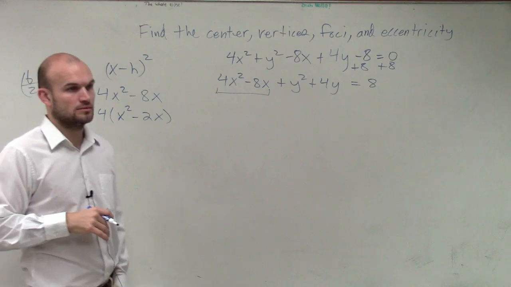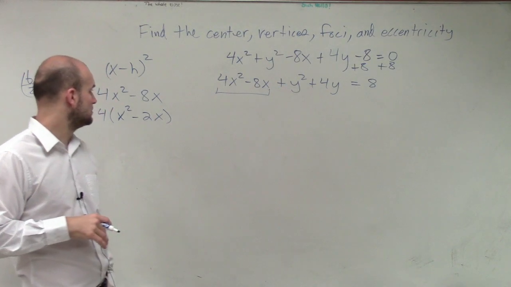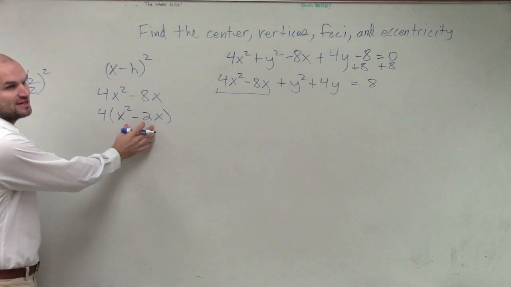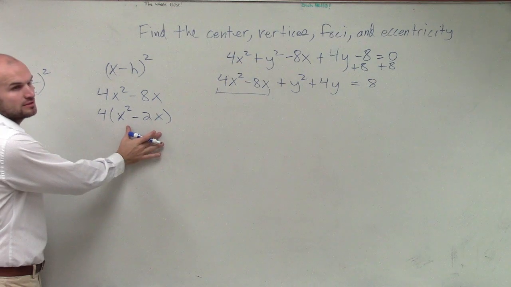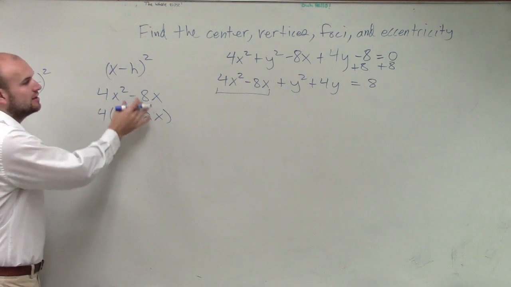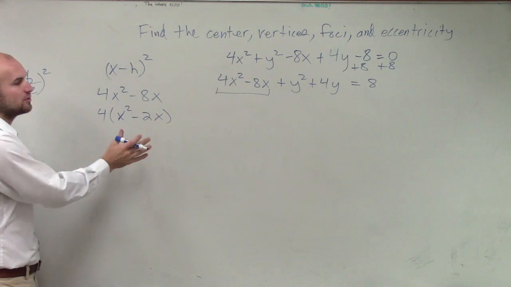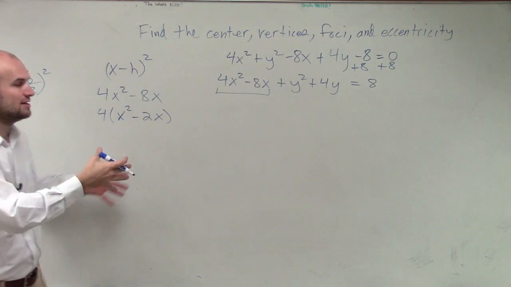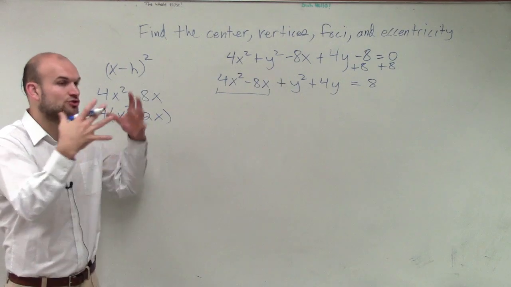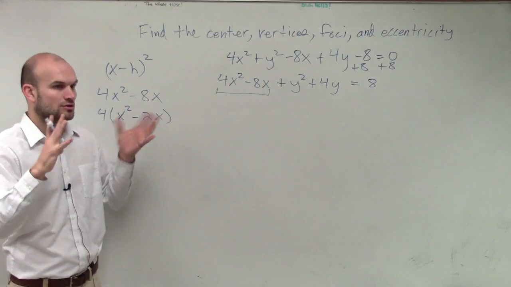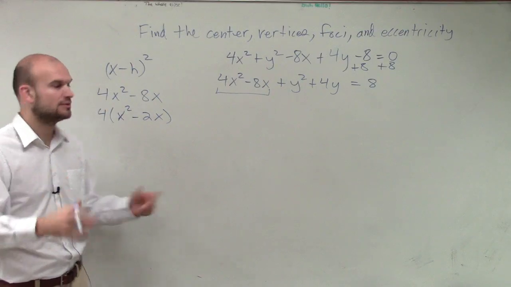Why can't you pull out an x? You can, but remember, we want to keep this as a quadratic. You could factor out an x, right? But our whole purpose of completing the square is not to factor it, but to create a perfect square trinomial that's quadratic, right?